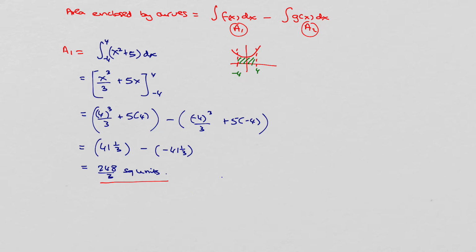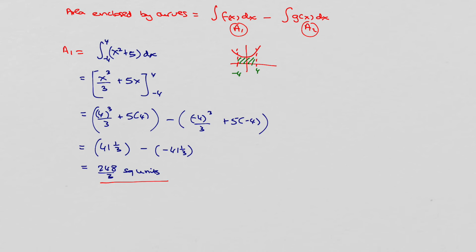And then I'm going to do the same for area 2. So area 2 is equal to g of x between the limits of 4 and minus 4, where we said g of x was 21 over 16 x squared dx.